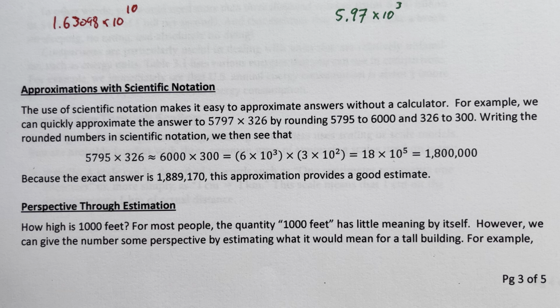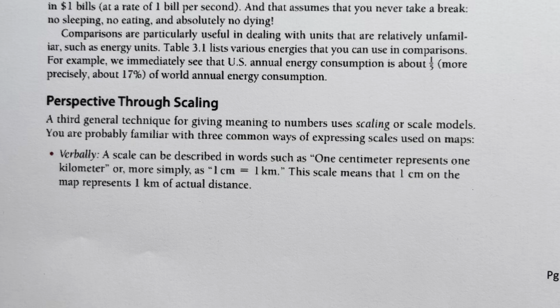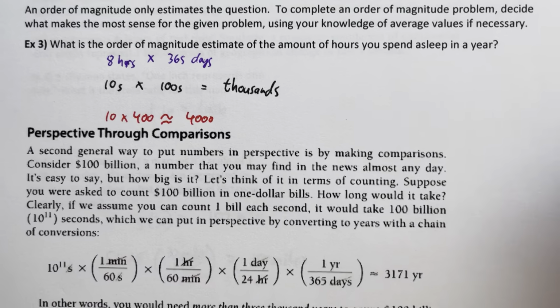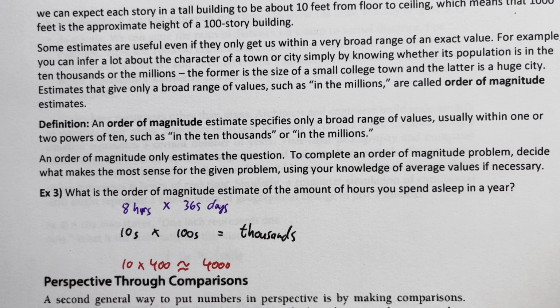All right. Perspective through estimation. So if I want to know how high is 1,000 feet? Well, 1,000 feet doesn't mean a whole lot. But if we want to talk about a building, a story on a building is about 10 feet. So that means a 1,000-foot building is about 100 stories.